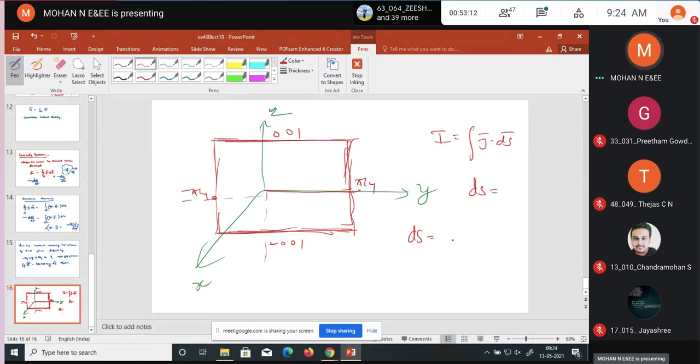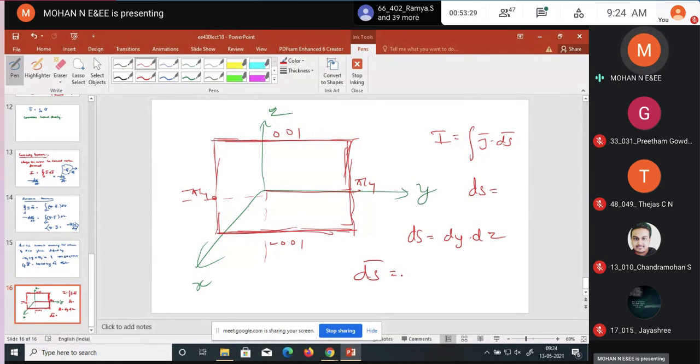Length into breadth. So it is nothing but dy into dz, correct? Next, ds vector has to be normal to this one.